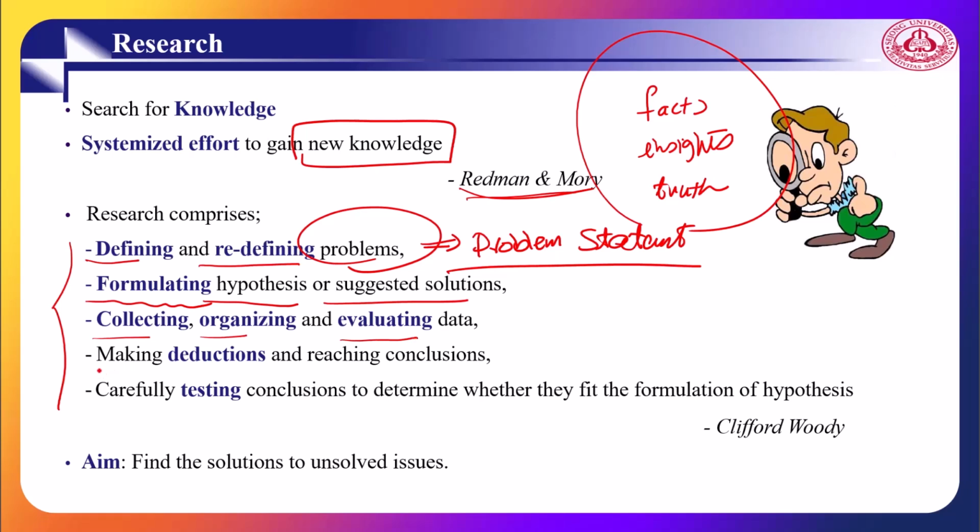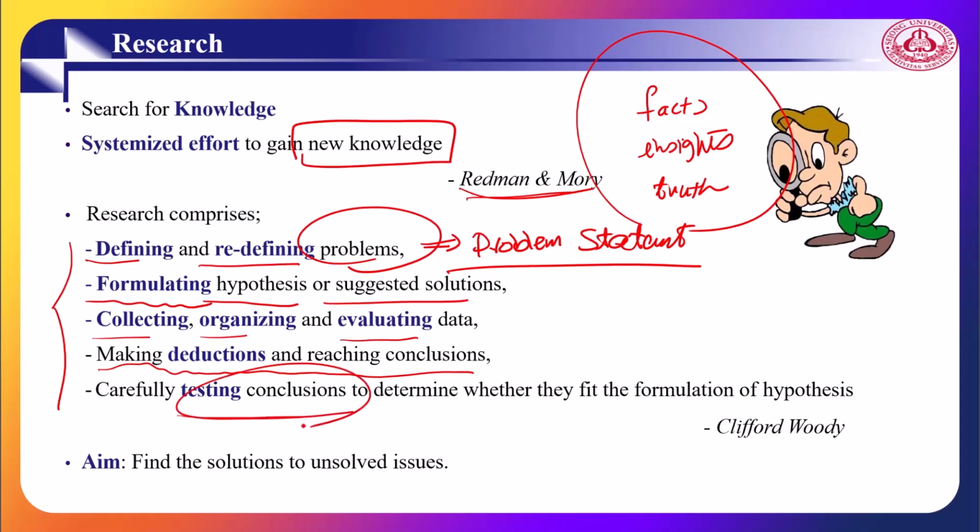The next step is to make deductions and reach conclusions. We must be able to draw logical inferences and conclusions from the data to arrive at the findings or solution that we have. Next, we have to test our conclusions.